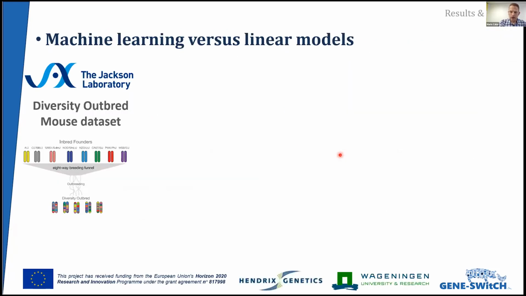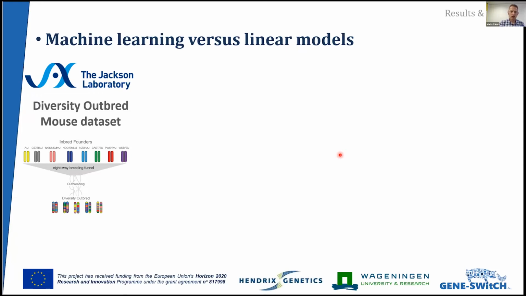In the previous slide, we used data of pigs that was already available at INRA. One of the things in the project is that the data that's becoming available in the project is not there until the third or the end of the third year.